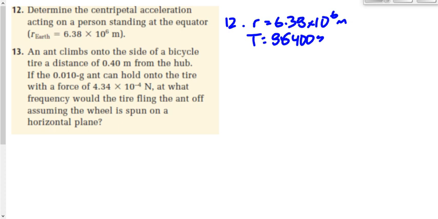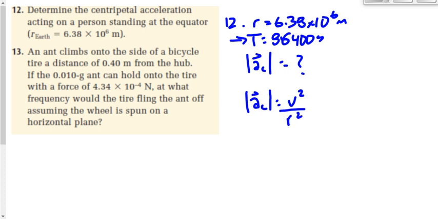I'm looking for the centripetal acceleration. We may have struggled with getting that period, and that's okay. But we all know that we have to write down a is equal to v squared over r, because we're looking for centripetal acceleration.